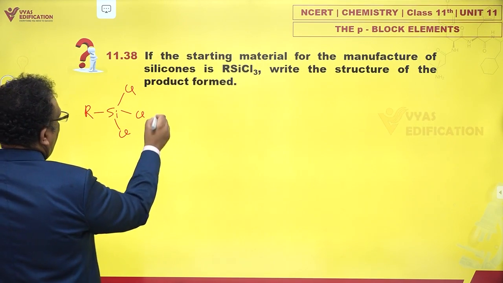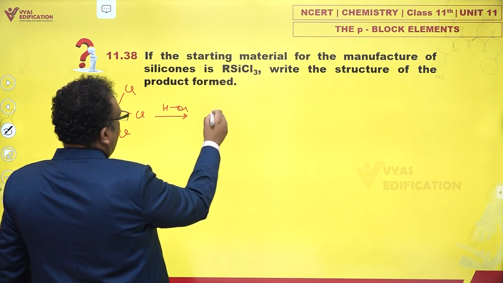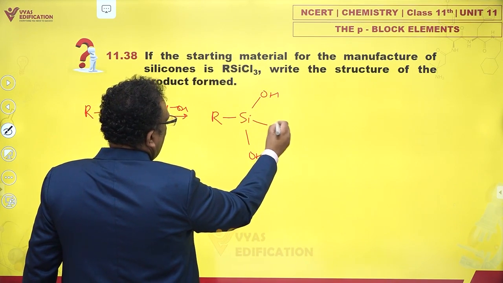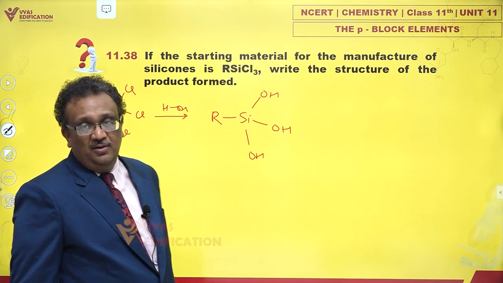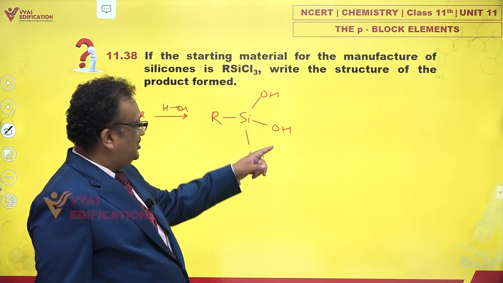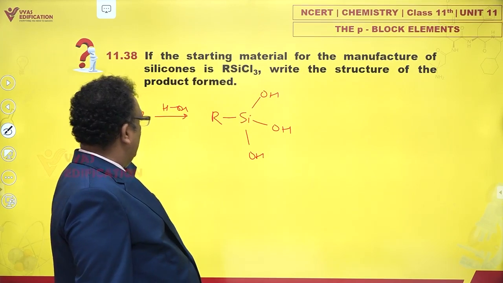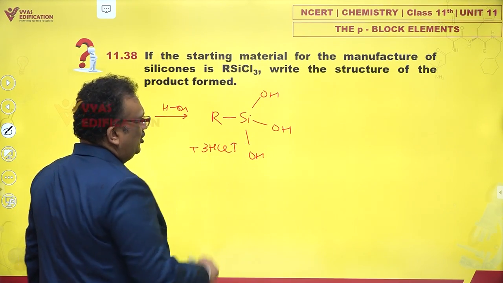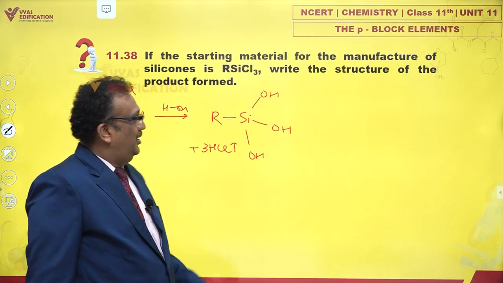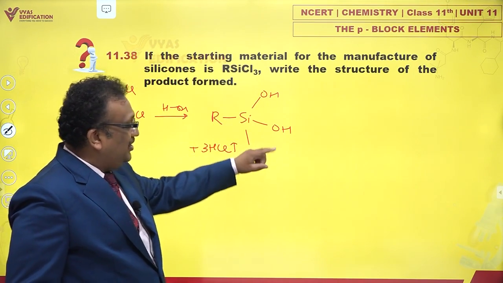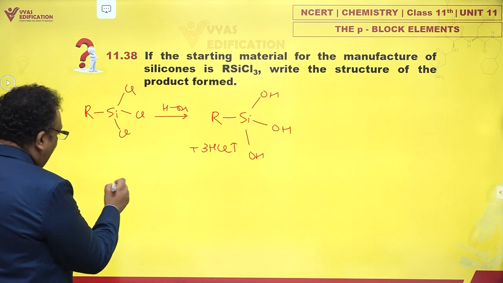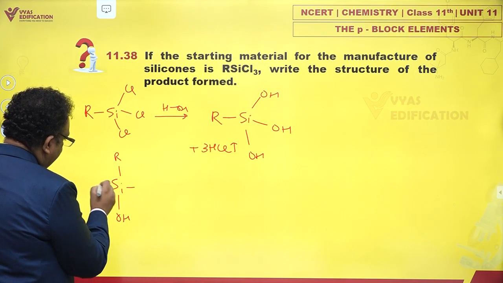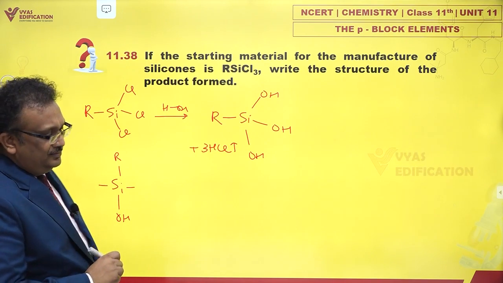This RSiCl3 you hydrolyze, you add water. You get RSi(OH)3, OH, OH like this, right? And if you get OH groups because of hydrolysis, do you know what happens? Yes, what? Actually, there is a condensation reaction between adjacent silicon atoms. What do you mean? I'll just show you this. I'll need more space.